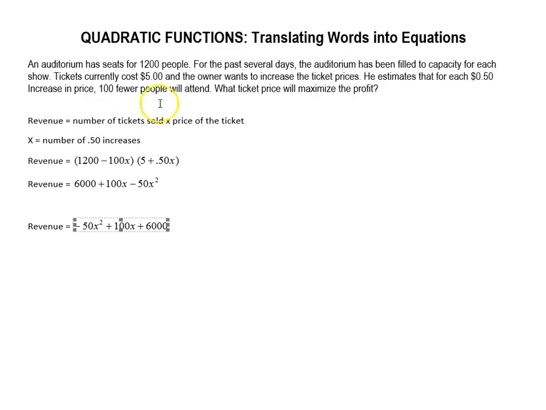Number of tickets sold times the price of the ticket will give me my revenue. Make x equal to whatever makes sense in the problem, and then try to create 2 binomials, and because you have 2 binomials, you're going to be able to create a quadratic equation and then shift it into standard form, and then you can do whatever you want at this point.